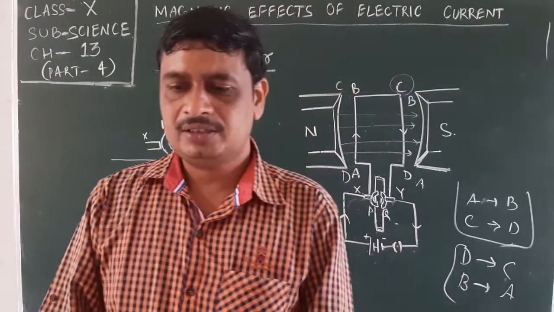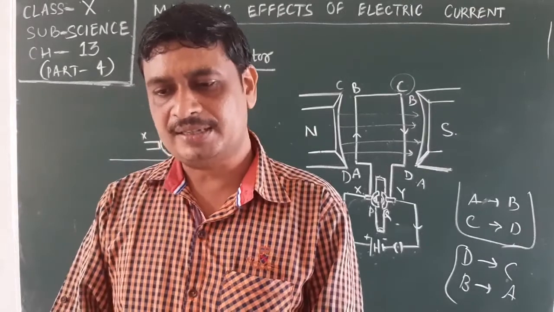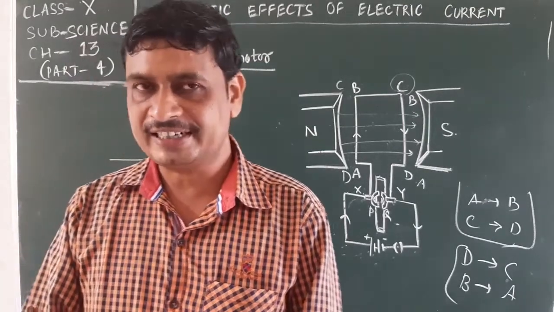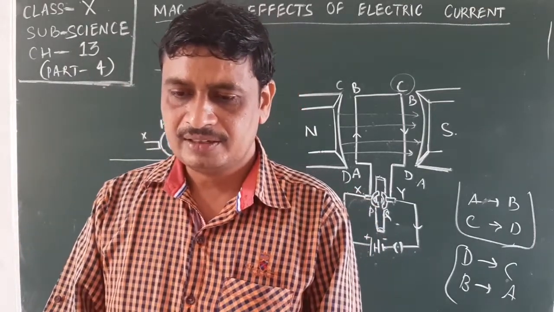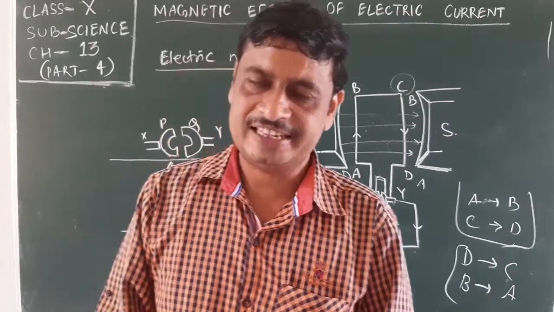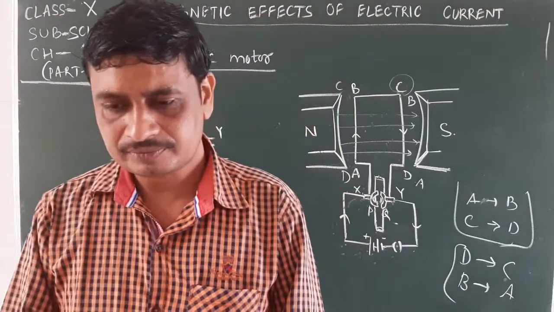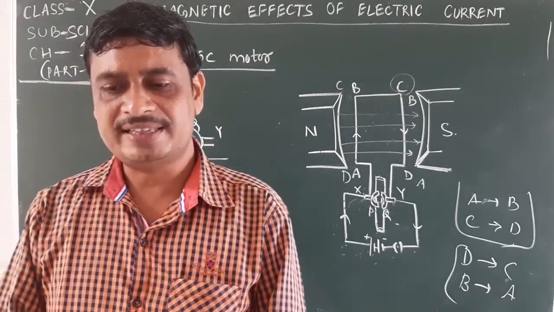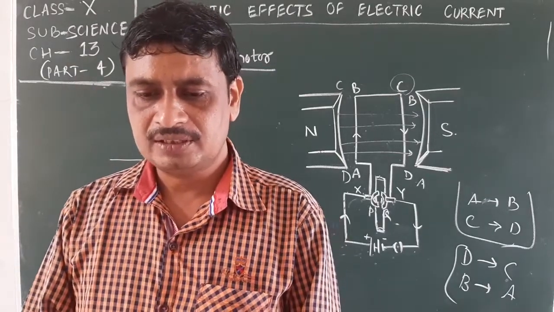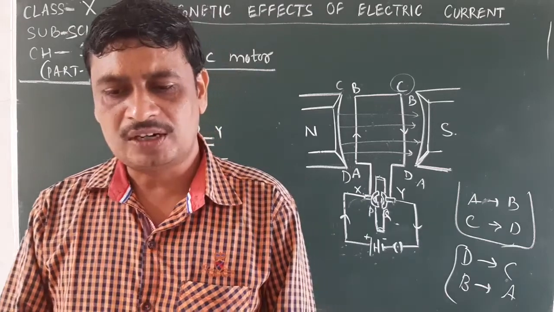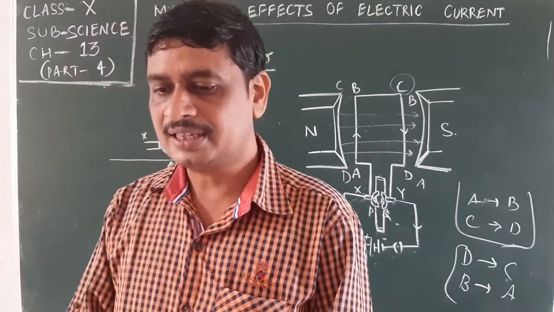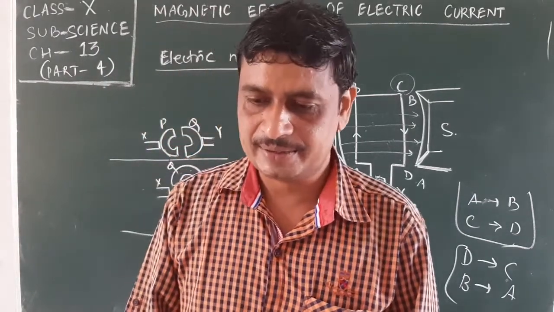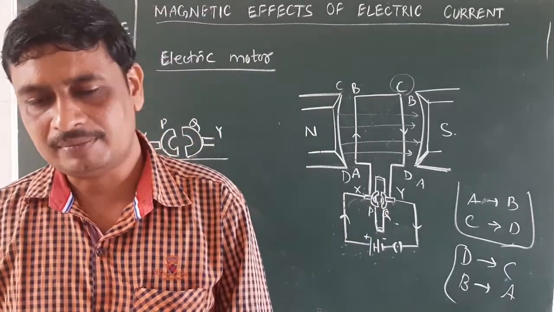Next, it uses a large number of turns of conducting wire in the current-carrying coil to increase the strength of the magnet. Next, a soft iron core on which the coil is wound. The soft iron core plus the coil is called an armature. This enhances the power of the motor.